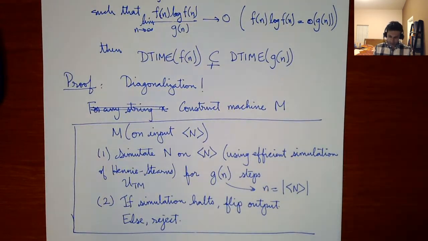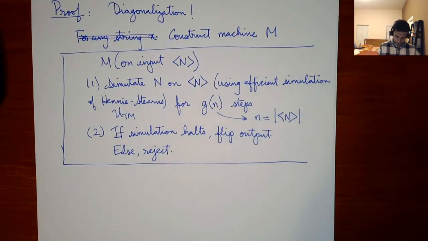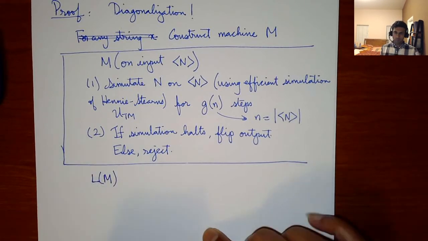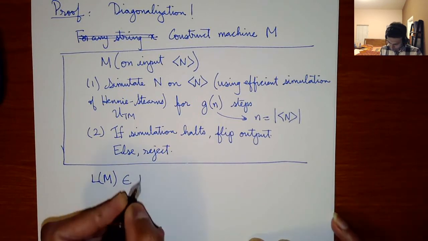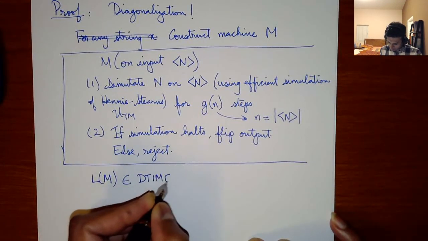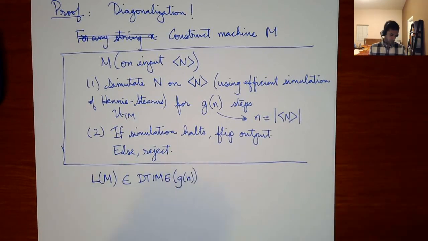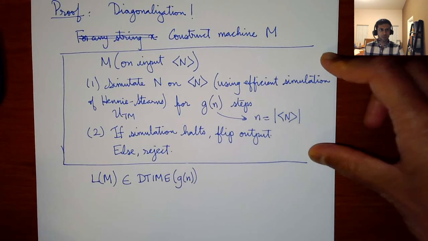And if the simulation did not halt in g of n steps, it's just going to reject. Okay? Now, what should be apparent here is that L of M, the language accepted by this Turing machine, is in DTIME g of n by construction. Okay? By construction. So any questions about what this machine is doing?